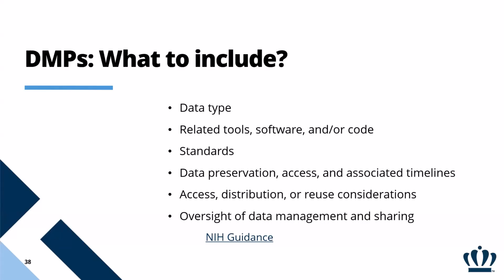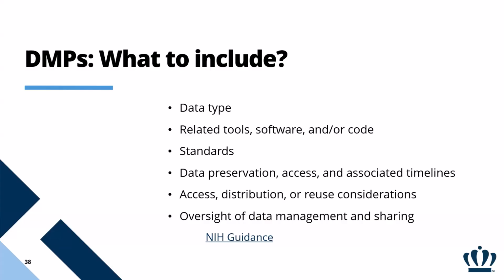Standard. So a standard specifies how data and the related metadata should be stored, organized, and described. So researchers should note specific data formats, data dictionaries, data identifiers, definitions, any controlled vocabularies that might be pertinent to their field. That would all be in the standard section.